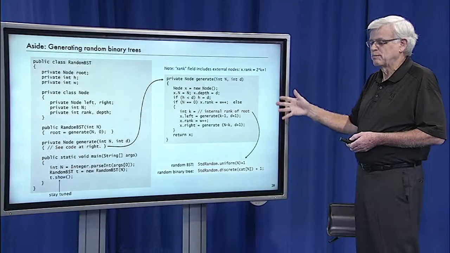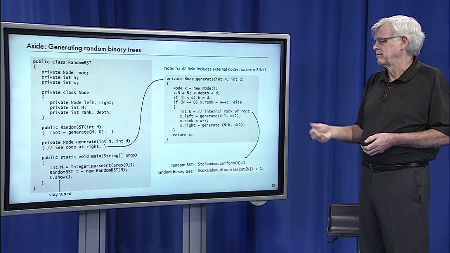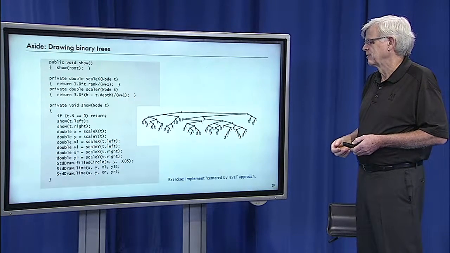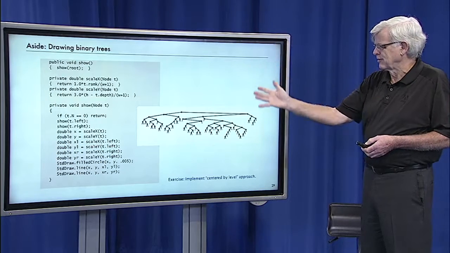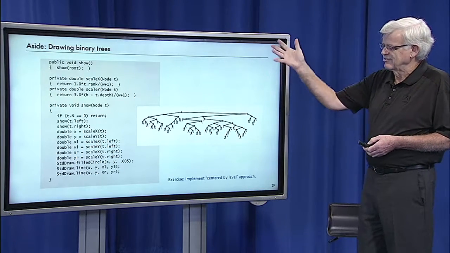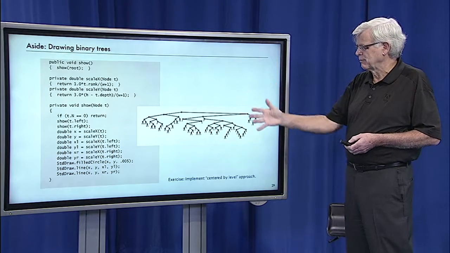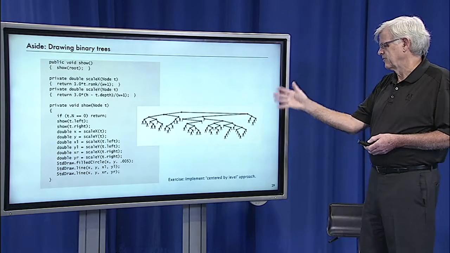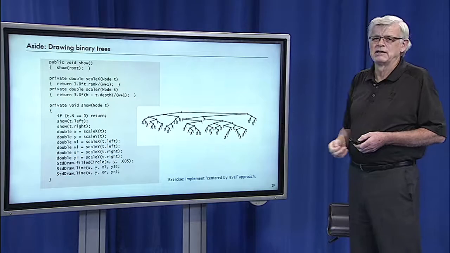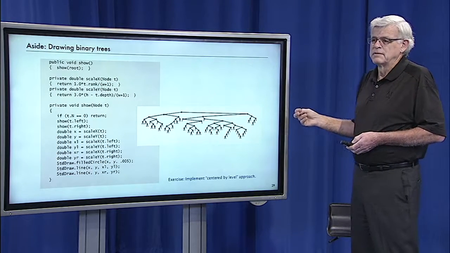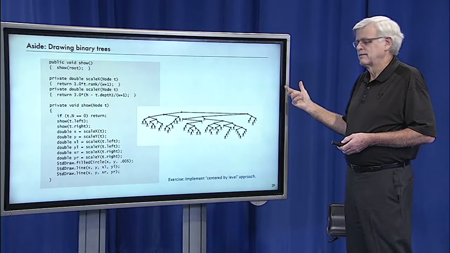So with a relatively small amount of code, I've been generating these tree diagrams. And again, full disclosure, I'm not going to go through it, this is the code using our standard drawing model from the algorithms book site that scales and draws the binary tree as I talked about a few minutes ago.